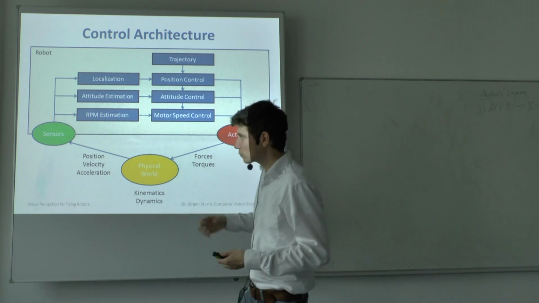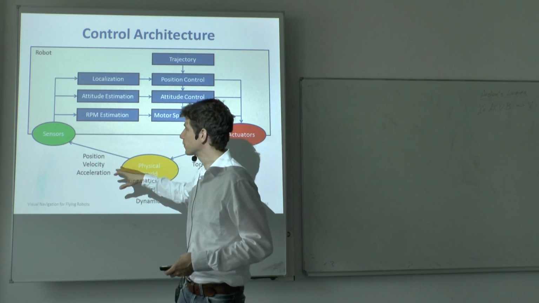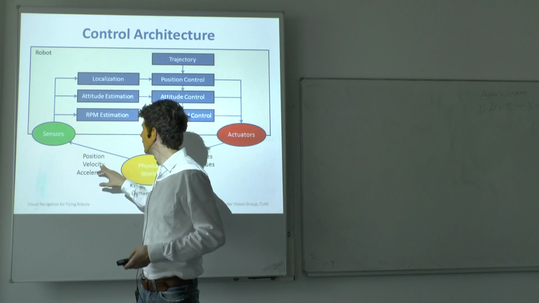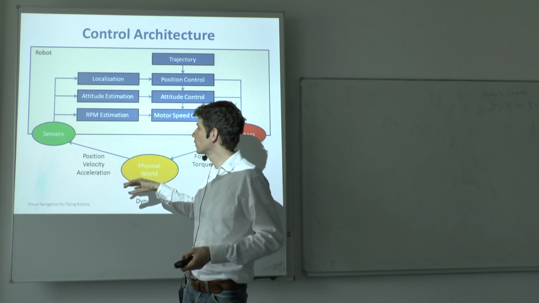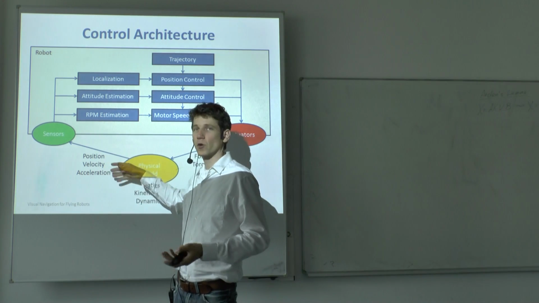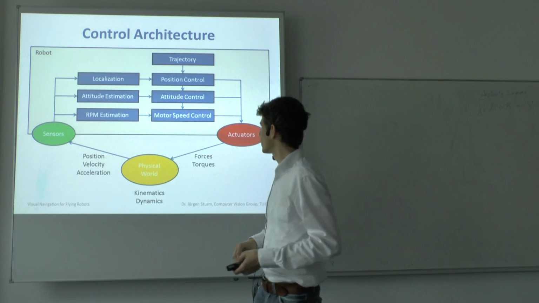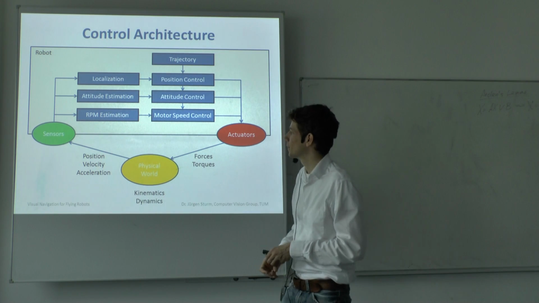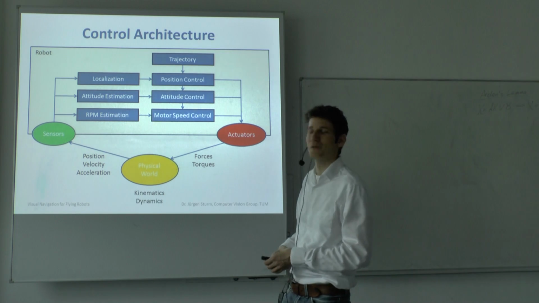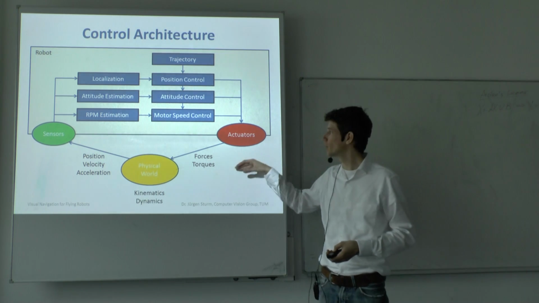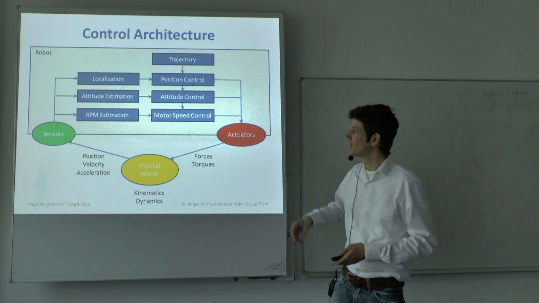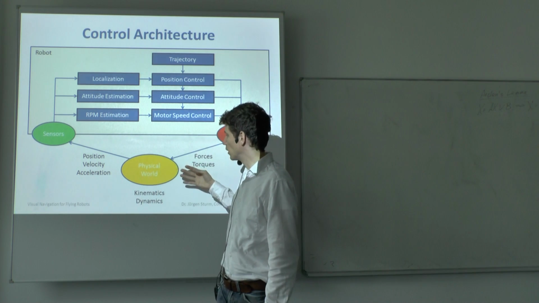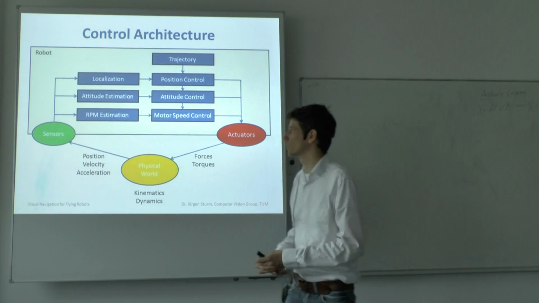Of course, the robot observes the world with its sensors, and that includes things like its position, potentially with GPS, its velocity with accelerometers or odometry sensors, and acceleration. On the other hand, the robot can modify its position in the world by applying forces and torques via its motors or actuators, and these will change its position in the world and so on.